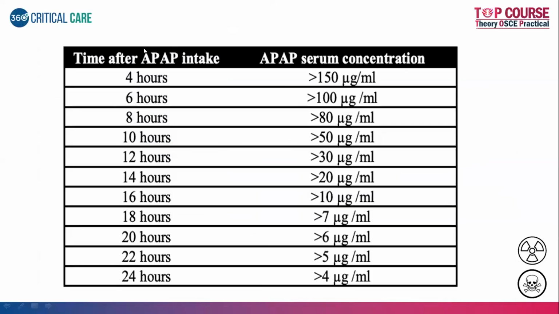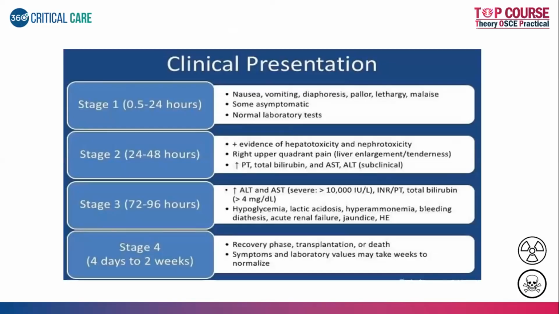As I told, at 4 hours, usually the concentration of paracetamol will be more than 150. Similarly, at 24 hours, it will be more than 4 microgram per ml. So this is about the risk assessment. One is with the help of biomarkers and one is with your Rumack-Matthew nomogram.